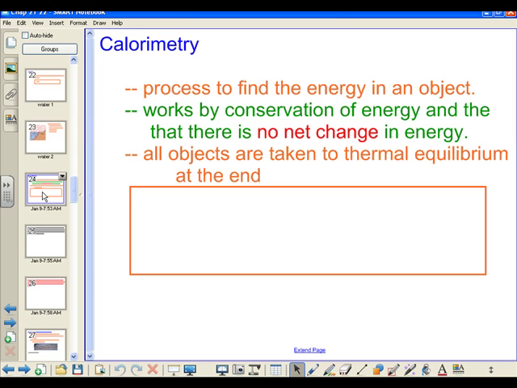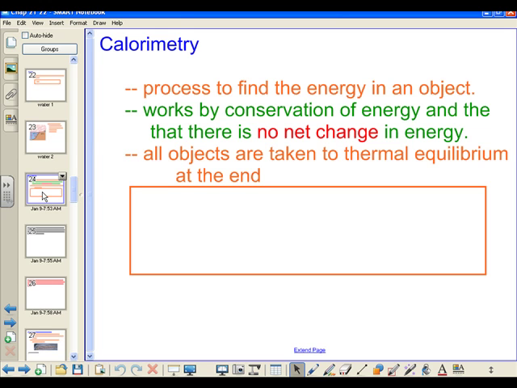But the idea here is no net change. Something's going to gain, something's going to lose, but whatever something loses, something else gains. And they'll always end up at equilibrium, which means the final temperature for all the objects involved is always the same.